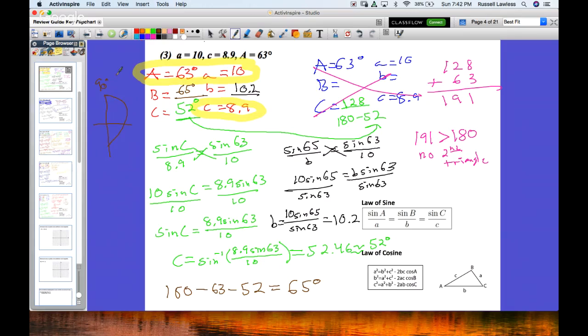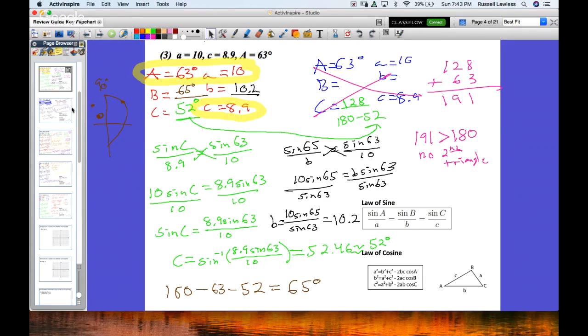And so we have to check and see if there was an angle greater than that. Because if I had sine where the height was 1/2, it could also be 1/2 here. It's in two locations. And so we check and see if it exists by doing 180 minus 52. In this case, it was 128. If the sum is greater than 180, which it was in this case, there is no second triangle. And so that's just the process of checking.